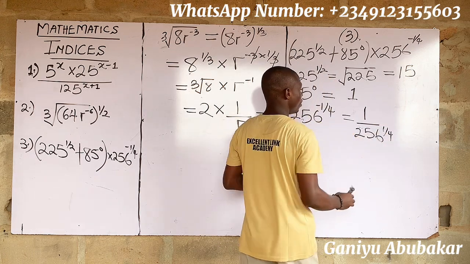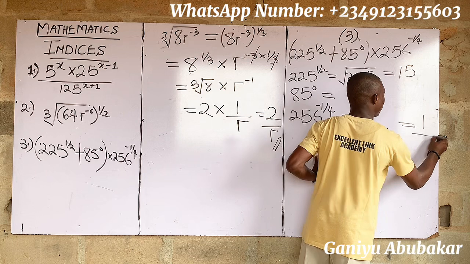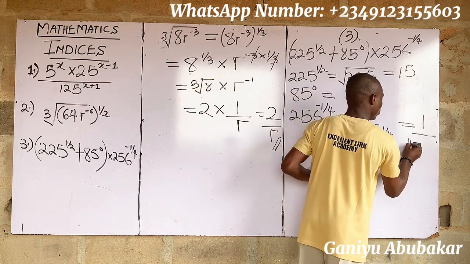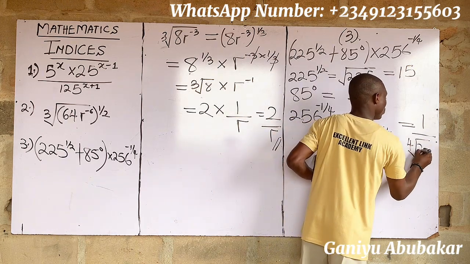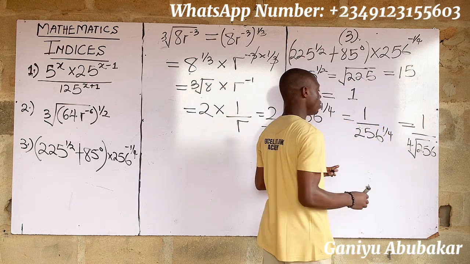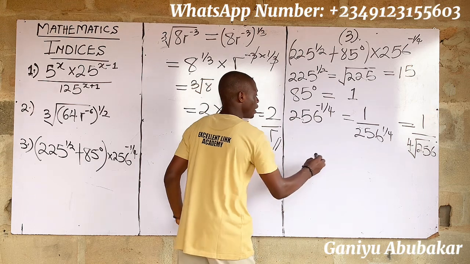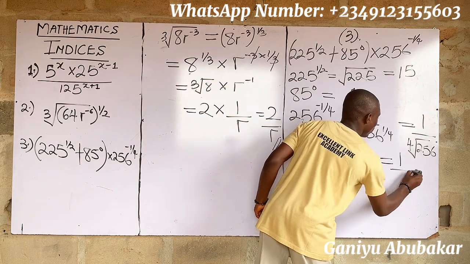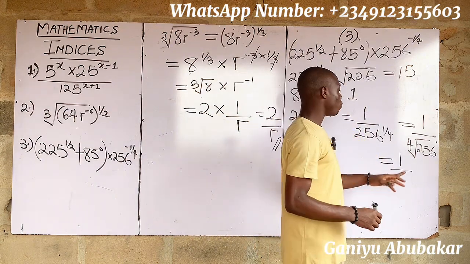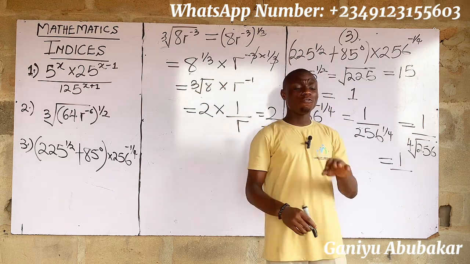I have this. This gives about 1 over, I'll take the fourth root of what? 256. That's the meaning. 256 to power 1 over 4 means fourth root of 256. So what I get from here is now equal to 1 over the fourth root of 256.